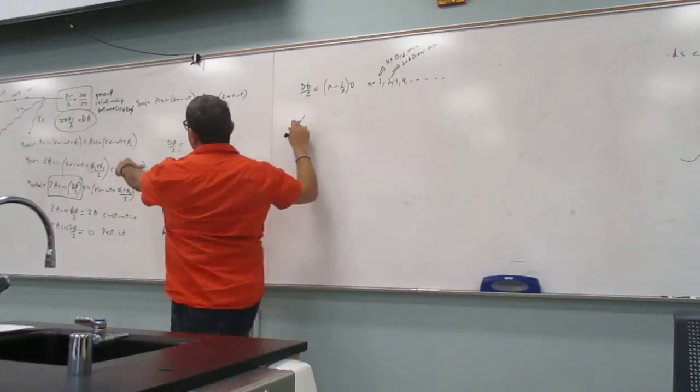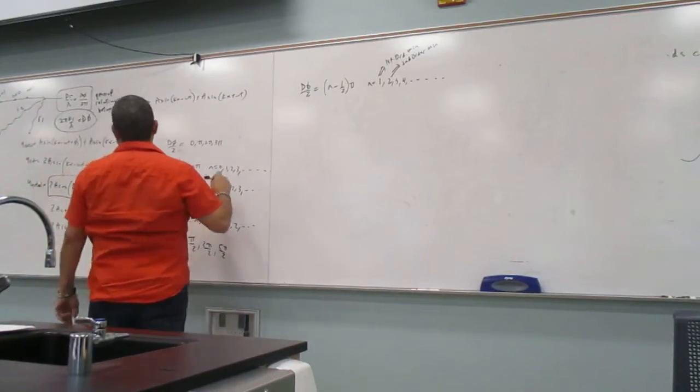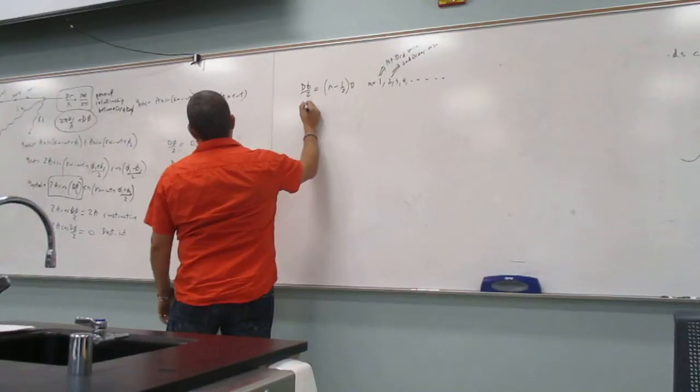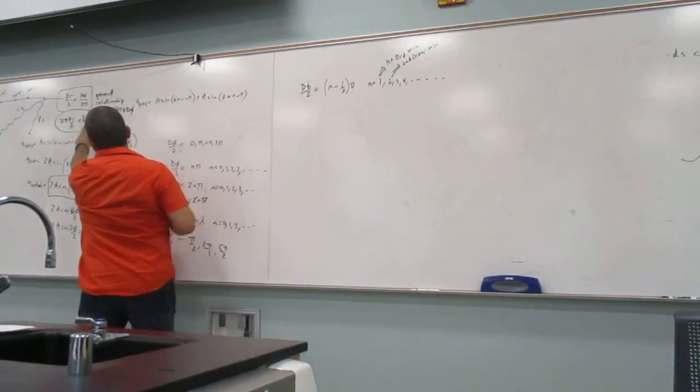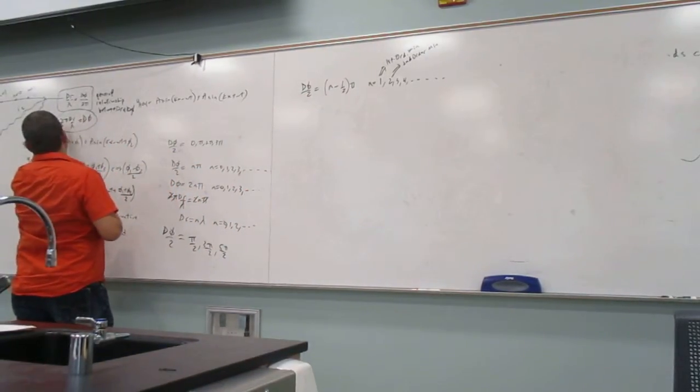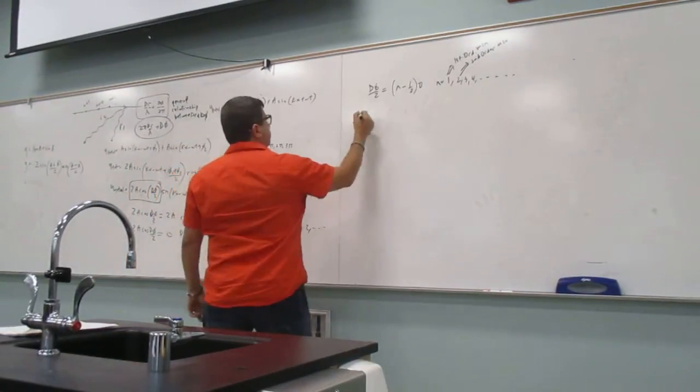right? Then you use the general relationship. Then you can say delta phi over 2 is going to be pi delta r over lambda.